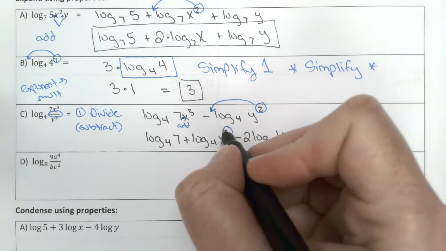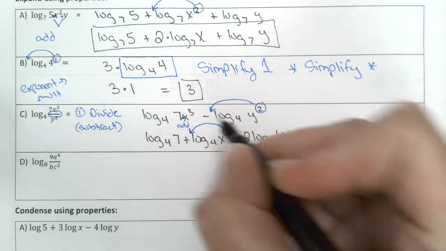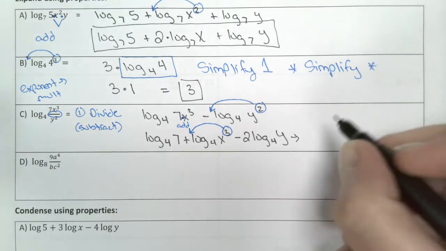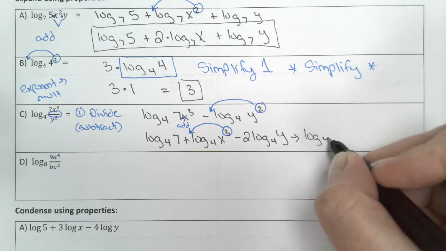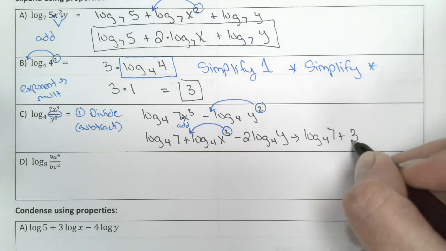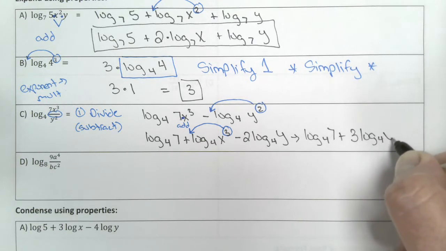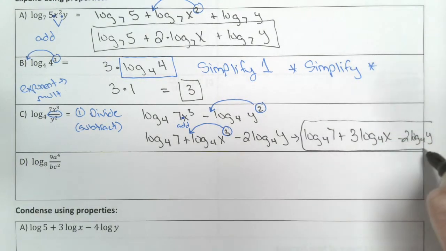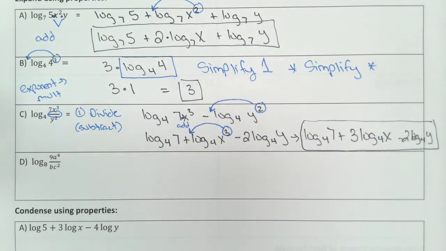So now this exponent of a 3, we're going to move it to the front, and then we should be done. Log base 4 of 7 plus 3 log base 4 of x minus 2 log base 4 of y. And that is my good final answer, fully expanded.